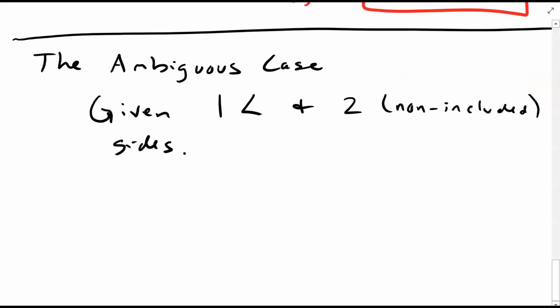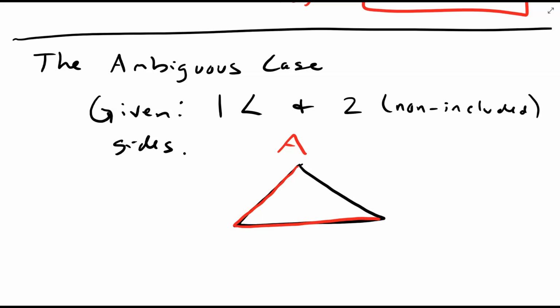All right, so the ambiguous case, the place where we have to be concerned about, is when we have one angle given and then two non-included sides. What do we mean by the non-included sides? So if this is my angle A, that means we would have those two sides or these two sides, but you would not have those two sides.